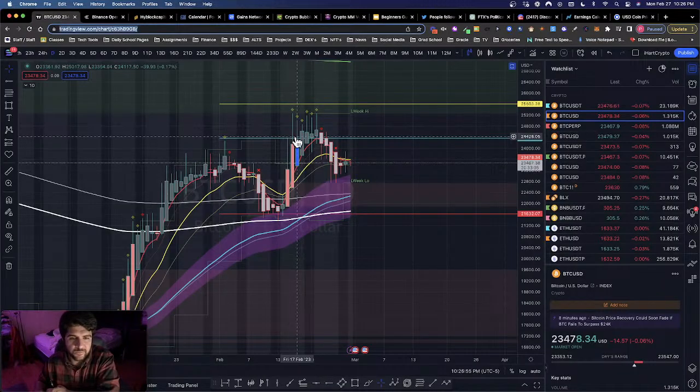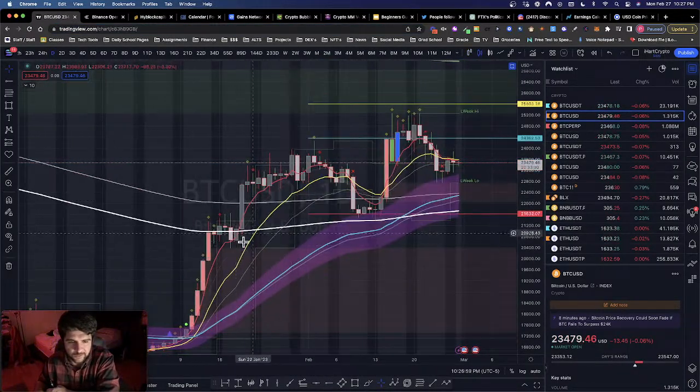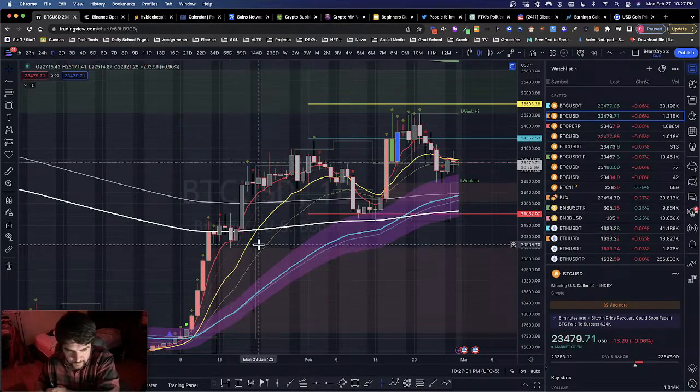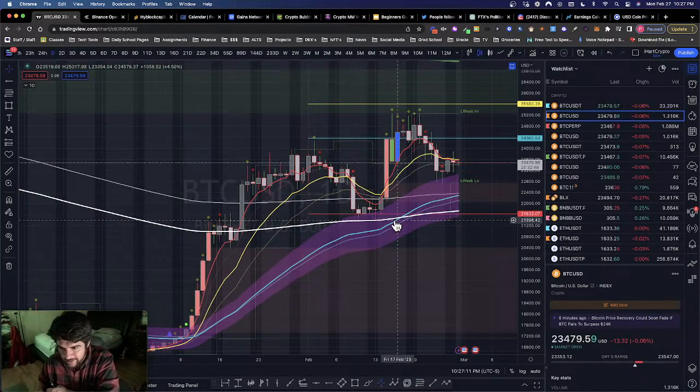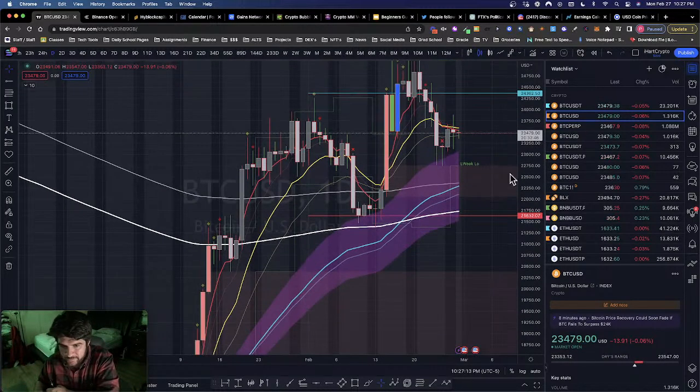Let's see where it's at. What would be the higher low? You could still make a higher low at 20,500. Well, it wouldn't be a higher low. I mean, look, think of it like this.